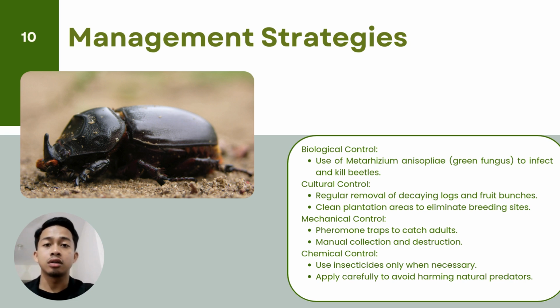Secondly, cultural control focuses on good sanitation, removing dead wood, logs, and old fruit bunches to eliminate breeding habitats. Thirdly, mechanical control includes pheromone traps that attract and catch adult beetles and manual collection where infestations are small. And lastly, chemical control may be used in some cases, but only as a last resort. Targeted insecticide should be applied carefully to avoid harming non-target species and disrupting the ecosystem.